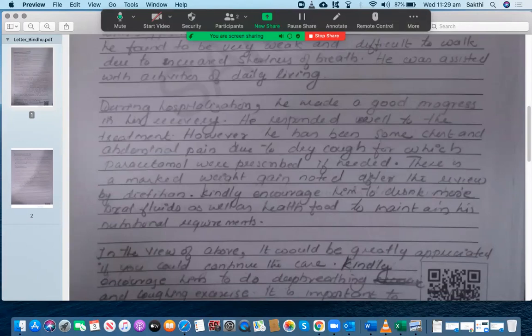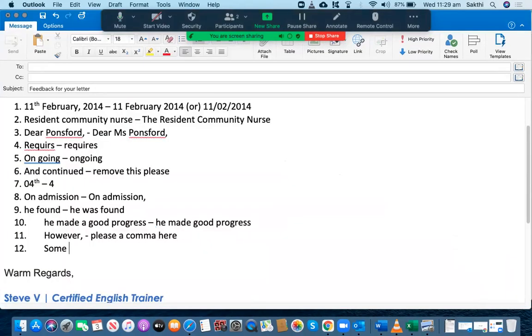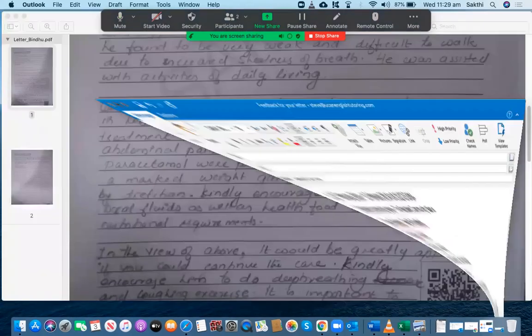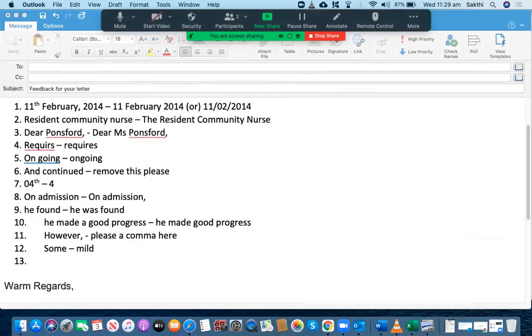I mean, try not to copy the same words from the case notes. That's another issue. Some can be replaced with mild. Due to dry cough, for which there should be a comma. For which, place a comma here.